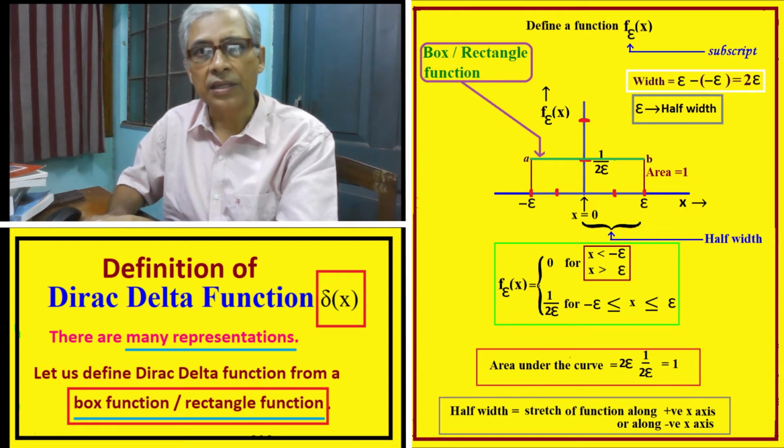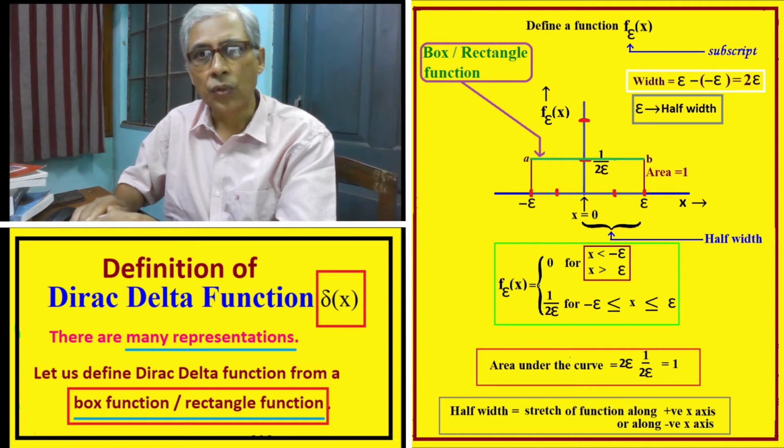Clearly, it has a height of 1 by 2 epsilon, which is a constant value in the region from minus epsilon to plus epsilon. And as the width is inverse of the height, the area under the curve is unity.